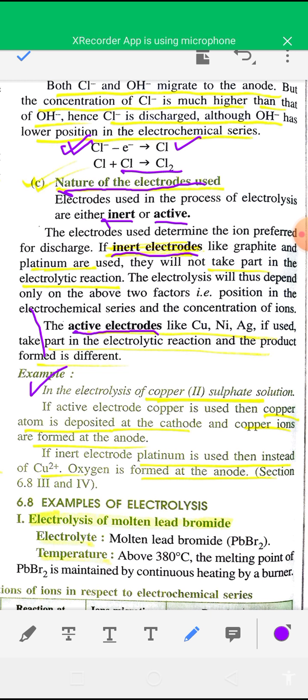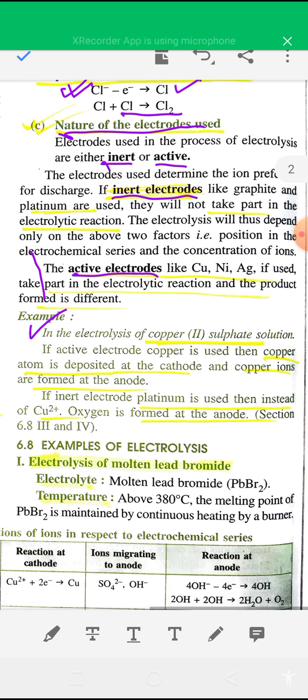But if inert electrode like platinum is used instead of copper during electrolysis of copper sulfate solution, you will get oxygen at anode instead of copper 2+ ion, but you will get copper at cathode. Okay, if you use inert platinum electrode instead of copper electrode during electrolysis of copper sulfate, you will get oxygen gas instead of copper 2+ ion at anode.